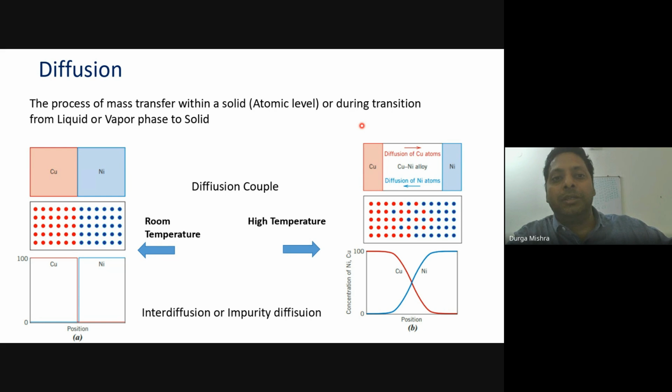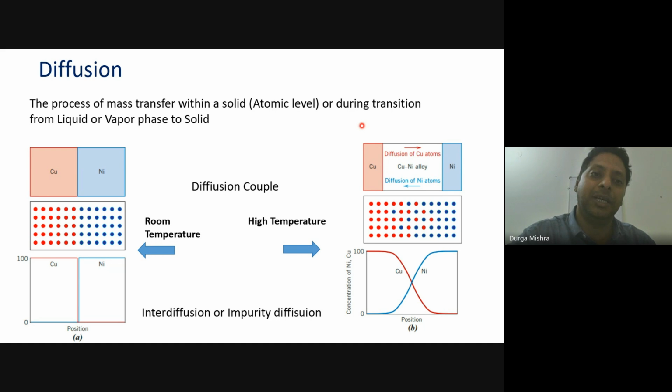Those molecules are diffusing through the gaseous medium from one corner and spreading to all parts. This is the diffusion process, and it is quite common in a gaseous medium.